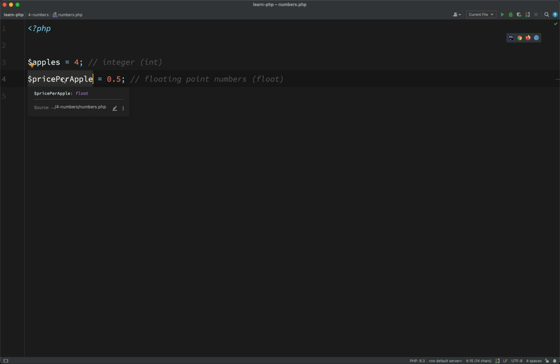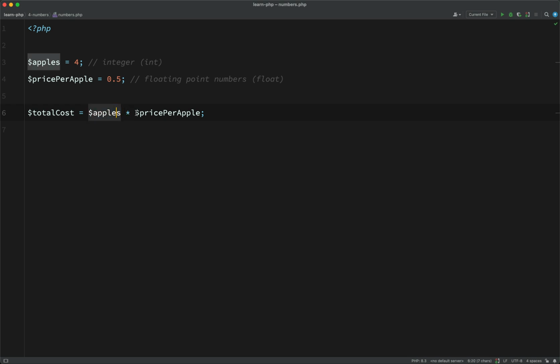which means that you can then start to do some maths with those variables. So for example, we can say something like total cost equals apples multiplied by price per apple. Now we haven't got onto mathematical operations yet, but you'll see this little asterisk, and in PHP what that means is it is a multiplication.